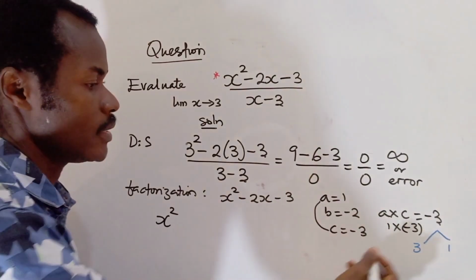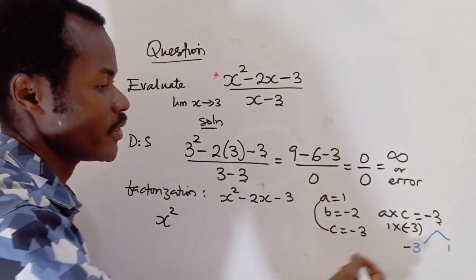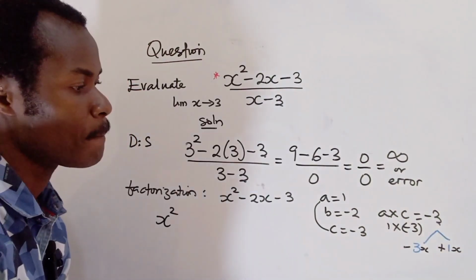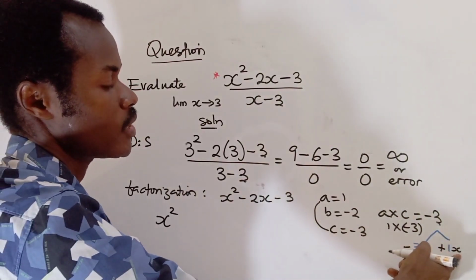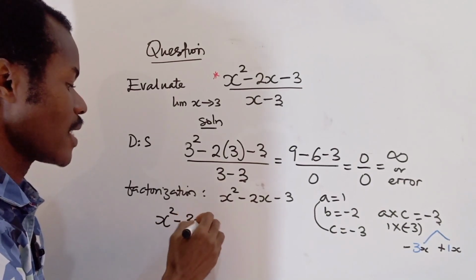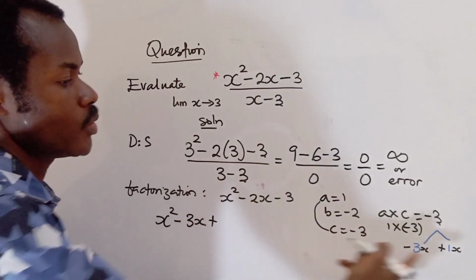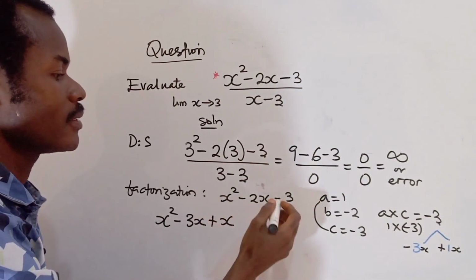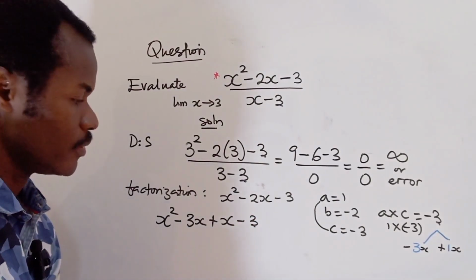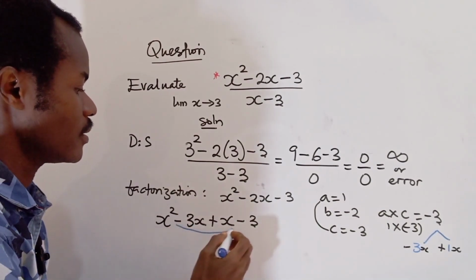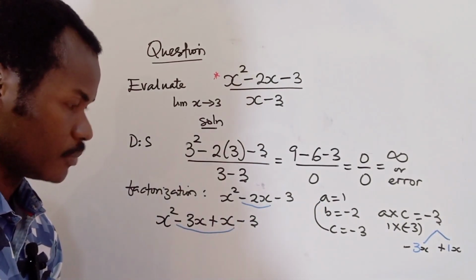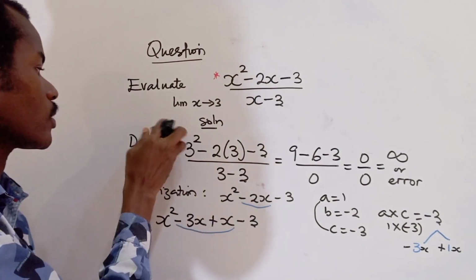If I try minus 3x and plus 1x, this is going to work because minus 3x plus 1x gives us minus 2x. So I'm going to say minus 3x, plus 1x, which I can still write as plus x, then minus 3. You can see from what we've done that all these still represent minus 2x.